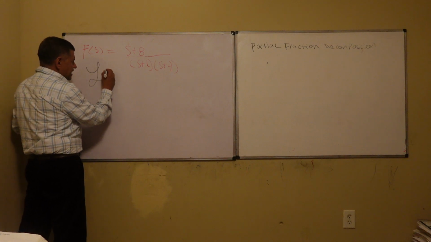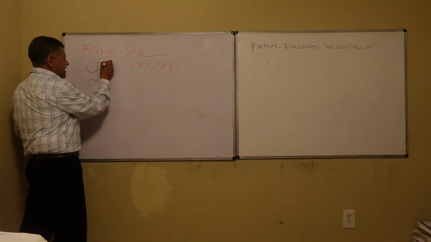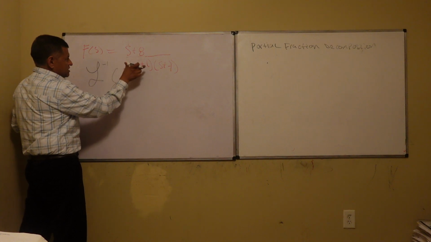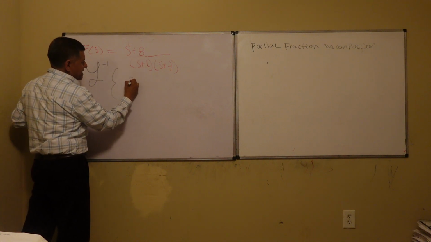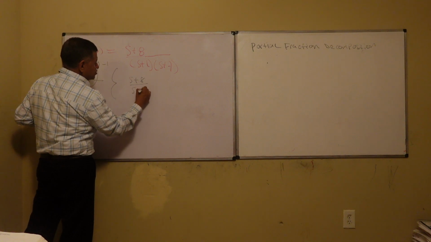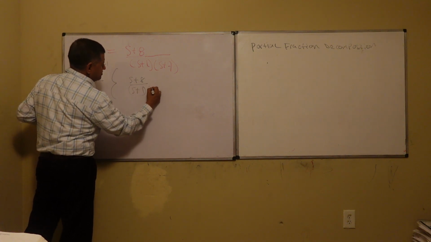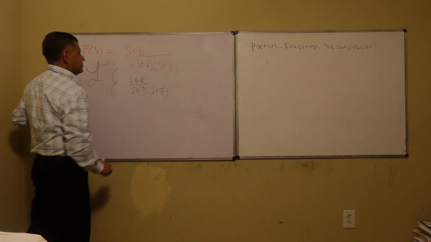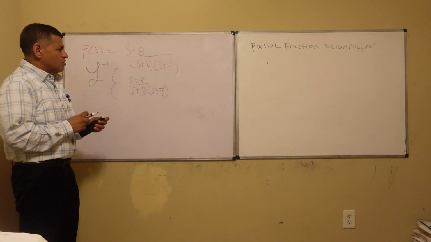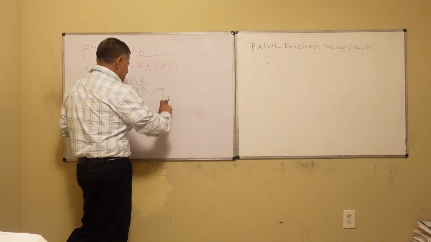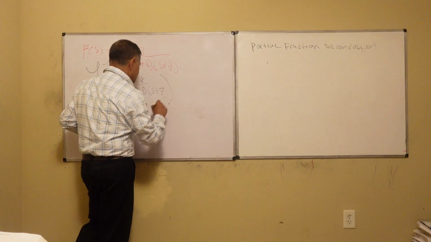So I'm taking the inverse of this, which is s plus 8 over s plus 1 times s plus 7. Okay, so taking the inverse of this, that's what we're doing.